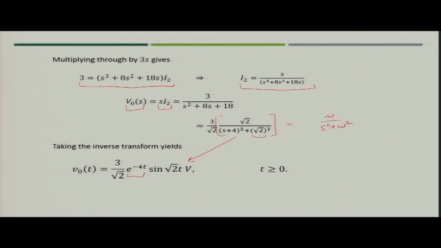So, you can use this, the output of the Laplace transform of sine omega t, you can say that this is nothing but the Laplace transform of sine of root 2 t. So, with this you will get the voltage response across the inductor.